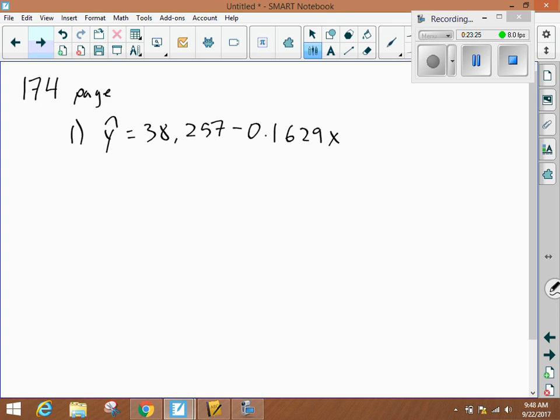All right. I wanted to find the residual for the truck that had 8,359 miles driven. Okay, so we have an x value. We actually have a value on this that has the coordinates 8,359.